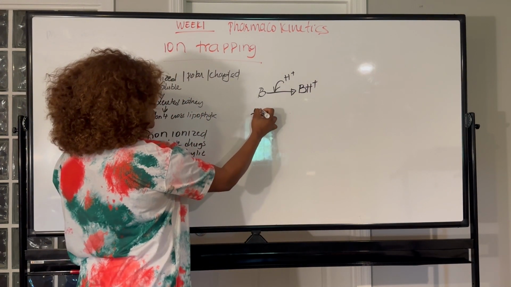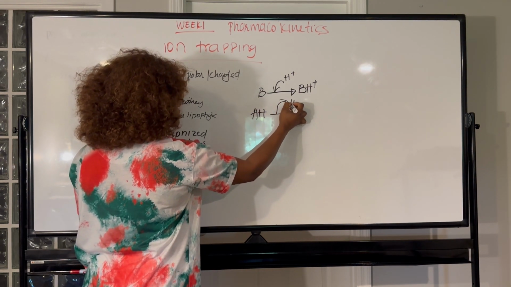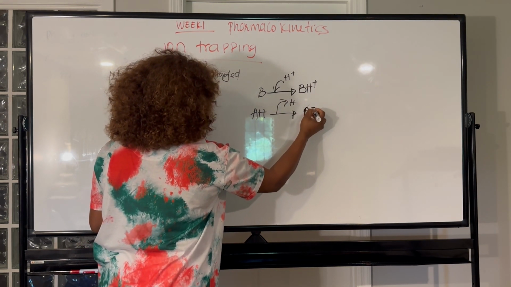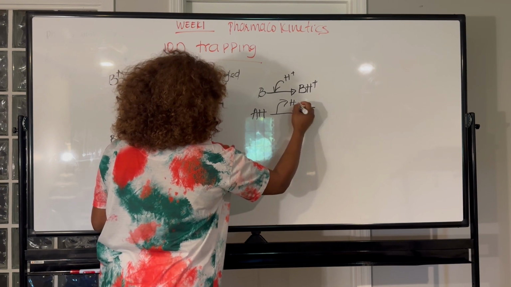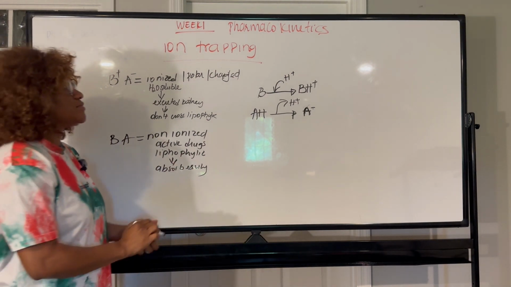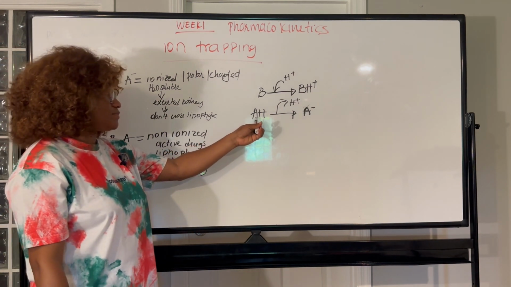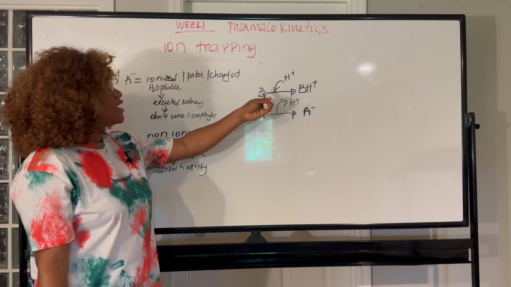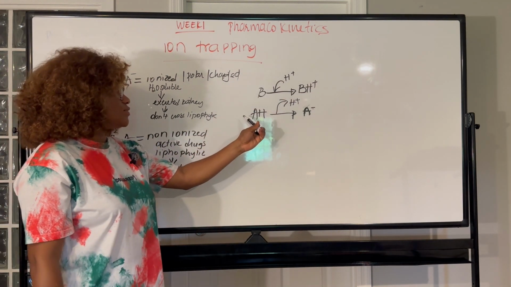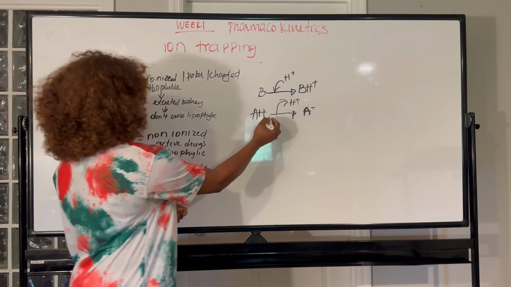But an acid in a basic environment gives away the proton. So the weak base in an acidic environment accepts a proton, while the weak acid in an alkaline environment gives away its proton, and these are reversible.